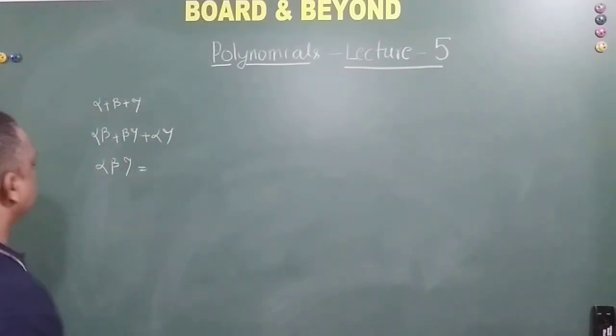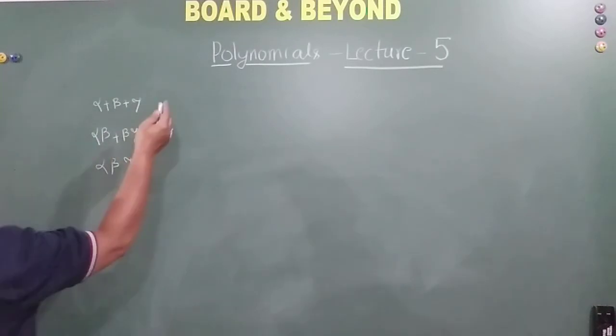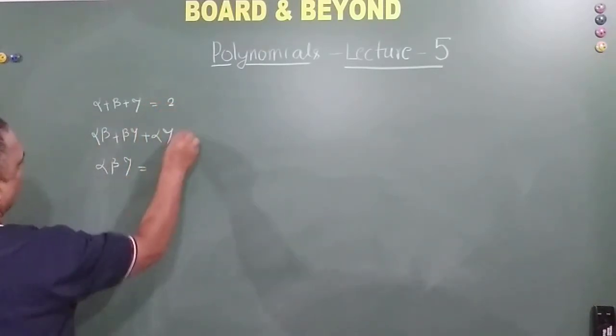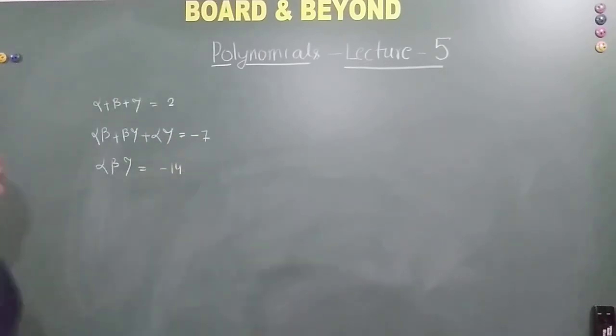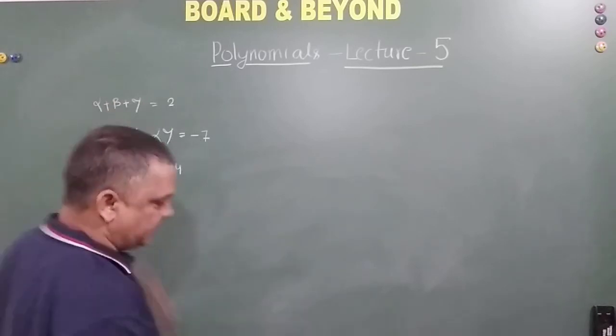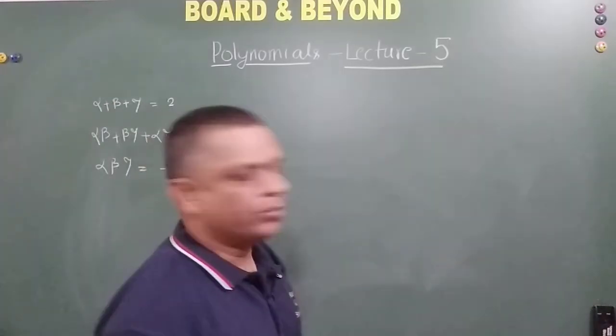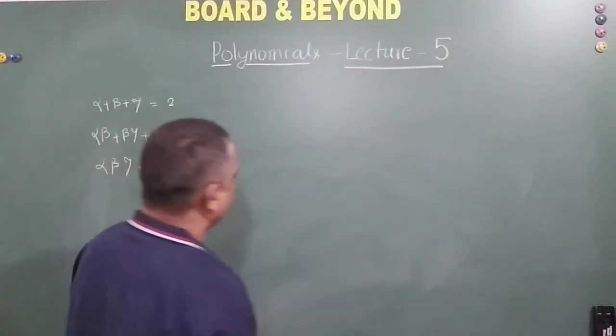And the product of the zeros, how much is this? This is equal to 2, this is equal to minus 7, and this is equal to minus 14, right? Now we are given this, we need to formulate the cubic polynomial. So how do we do it, my friends?